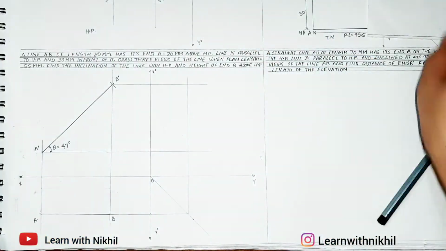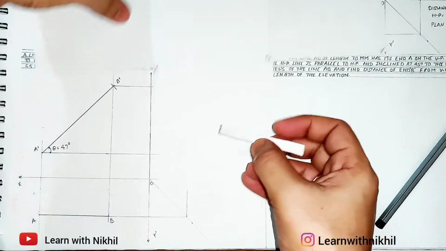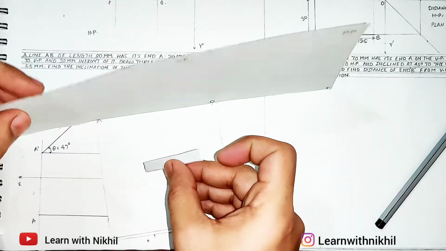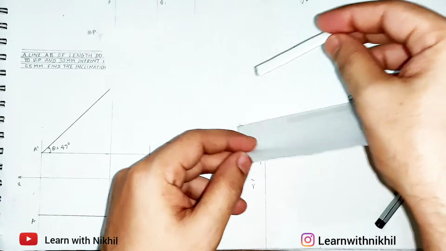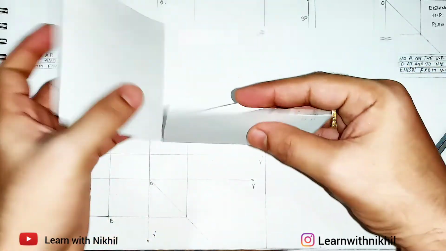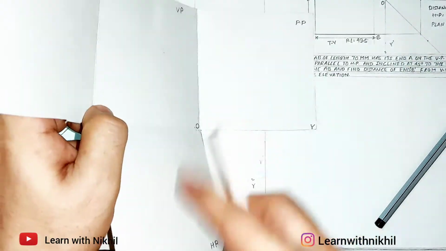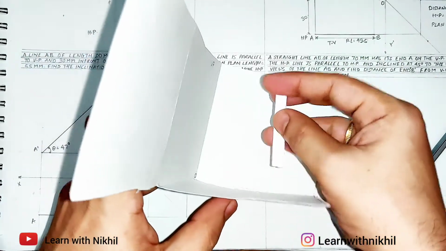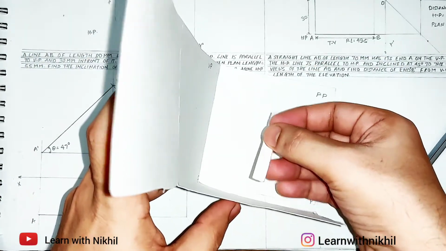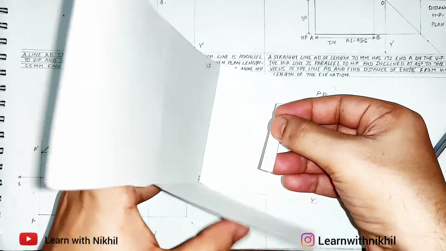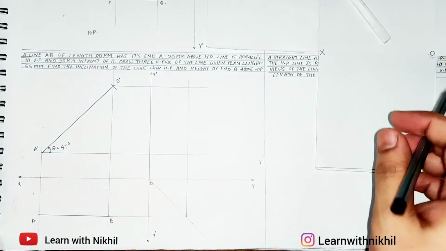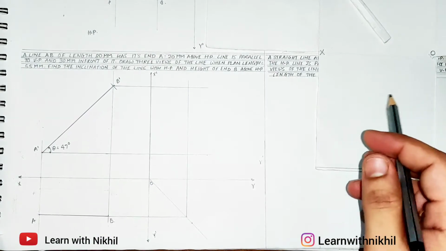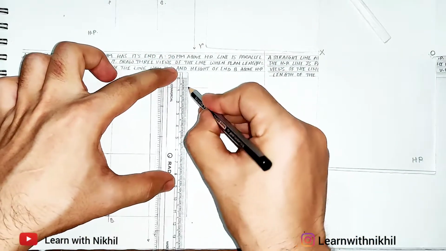Now for the side view, as you know, the inclination is like this. This is the front view. Now moving towards the side view, the line is like this. So the side view will be a straight line, and again its length will be less than the actual length, as it is again inclined. But the inclination doesn't get viewed in the side view.